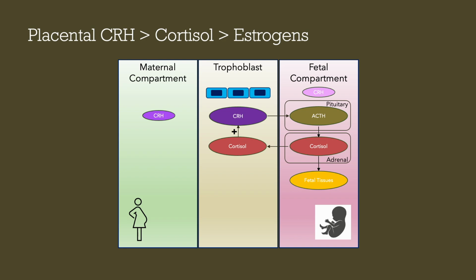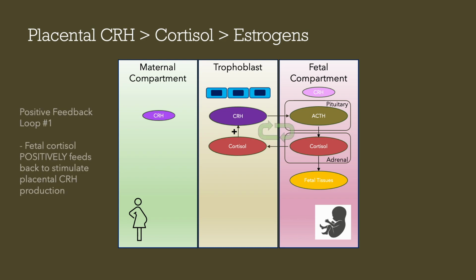In the placenta, the fetal-created cortisol will cause increased production of placental CRH. This, therefore, is our first positive feedback loop of the onset of labor. That fetal cortisol will positively feedback to stimulate placental CRH production, and that placental CRH will again go back into the pituitary to make ACTH, more fetal adrenal cortisol, and then keep going in a positive feedback loop. That's the first positive feedback loop.